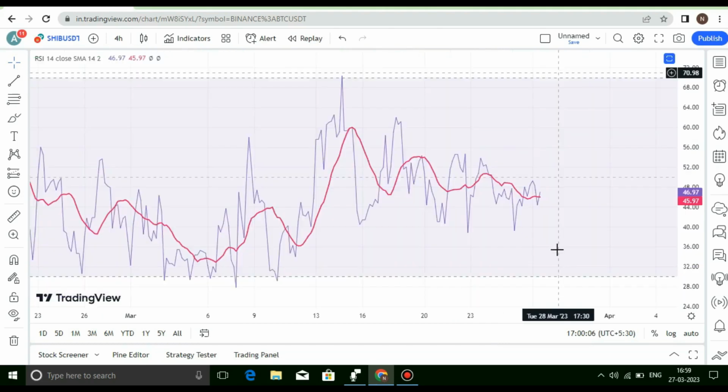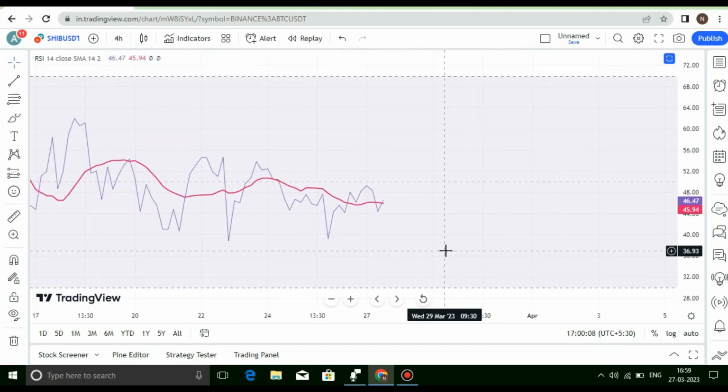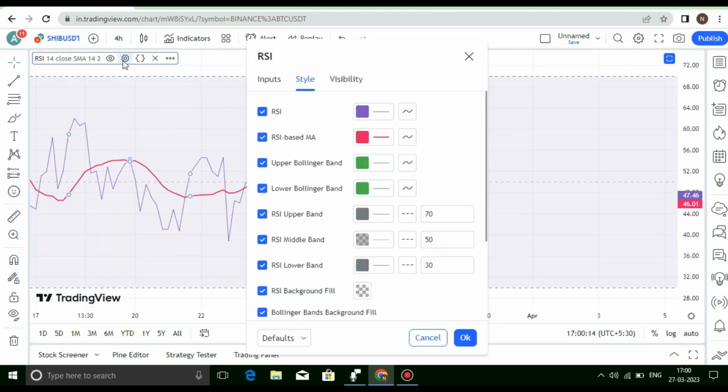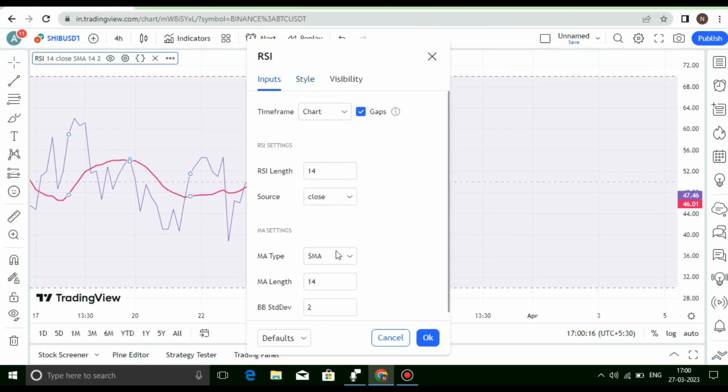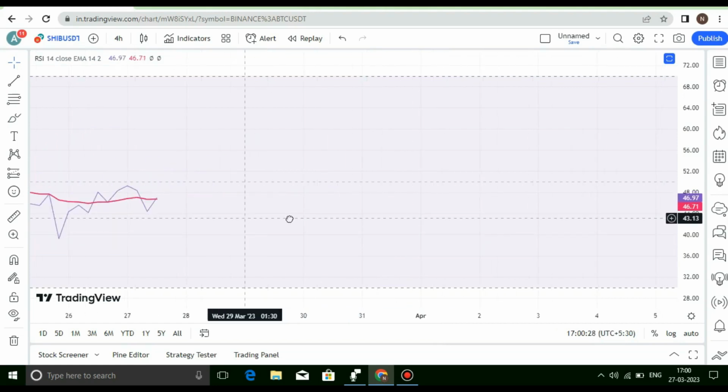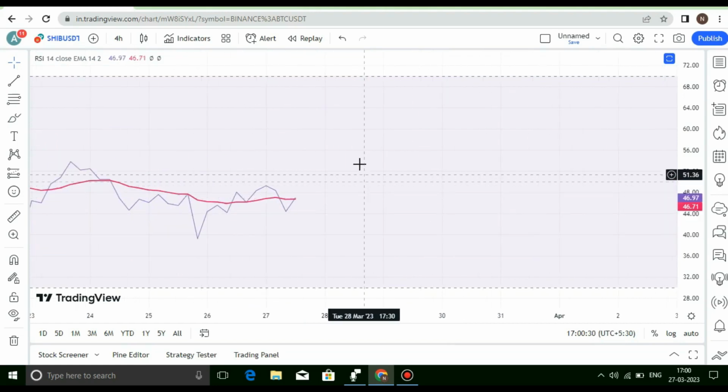Now here also you can see that the RSI has crossed the 14-day SMA. Now let us change the inputs. Let us change the SMA to EMA, which is more accurate. The EMA has also been crossed by the RSI, as you can see here clearly. So this may be an indication of an uptrend, an upward breakout.